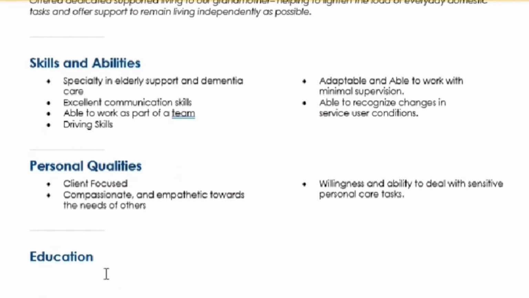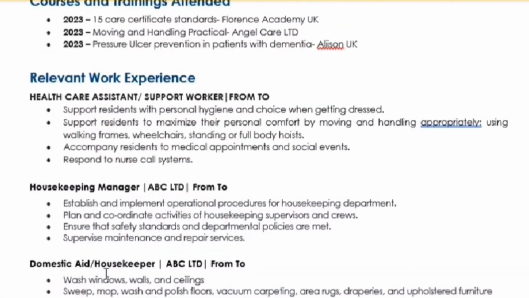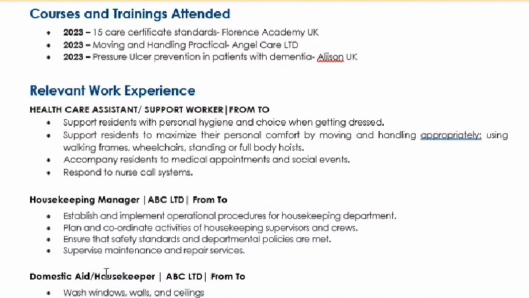If you graduated from school in 2010, from 2010 to 2023 you must have work experiences and volunteering experiences that cover each period so that you will not have gaps in employment. Please bear that in mind. It is very, very important, especially if you're applying for NHS jobs. You must cover all gaps in employment. If not, you put in another letter that will explain any gaps in employment that you might have.